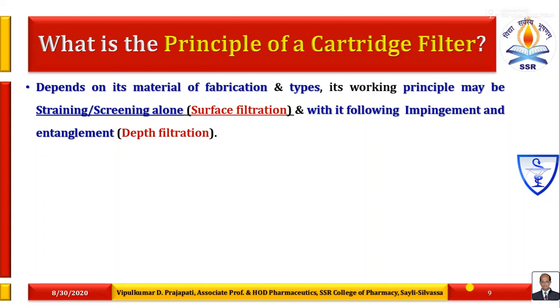So a cartridge filter has a thin or thick filter type of fabrication, hence it acts either as a straining filter or as straining followed by impingement and entanglement, depending on the number of layers from finer to thick layers.